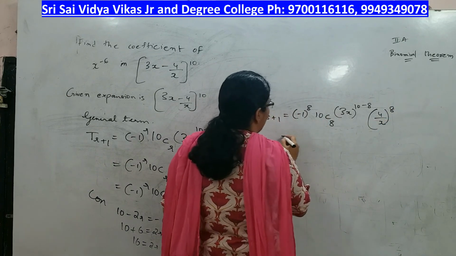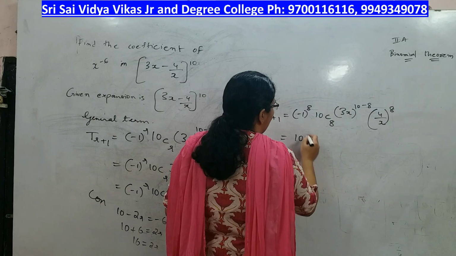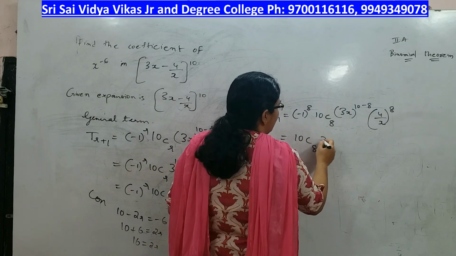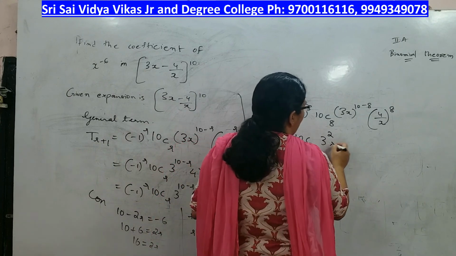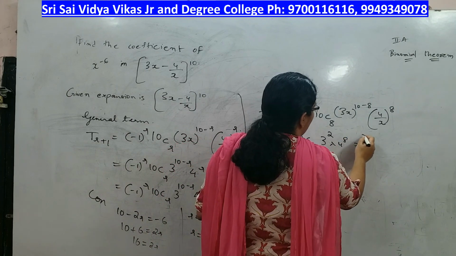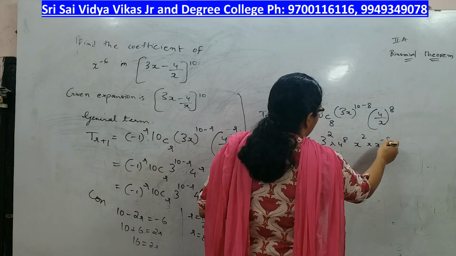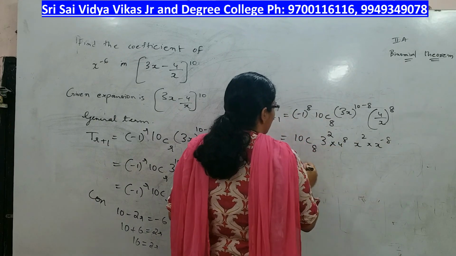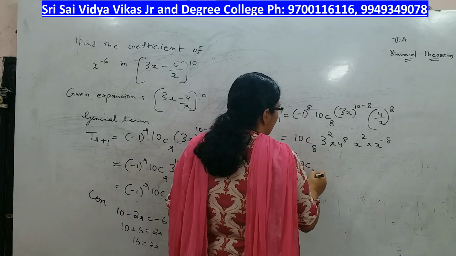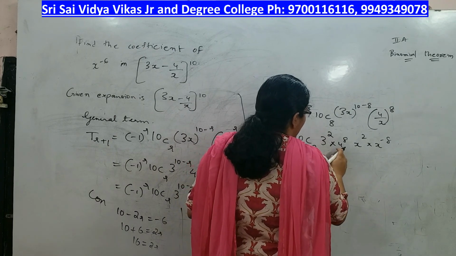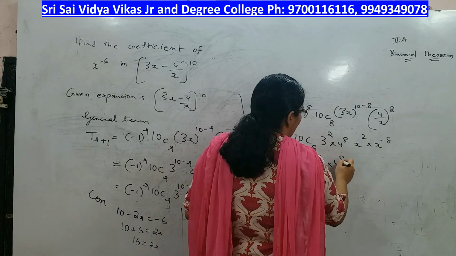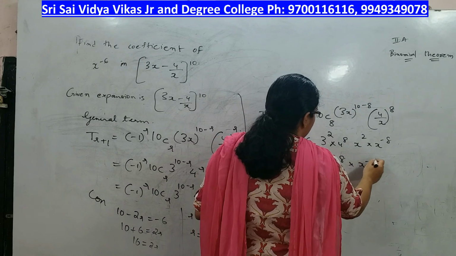So this is nothing but minus 1 whole power 8 is 1, 10 C8, 3 power 10 minus 8 is 3 square, into 4 power 8, x power 2 into x power minus 8. So here you have 10 C8, 3 square into 4 power 8 into x power minus 6.